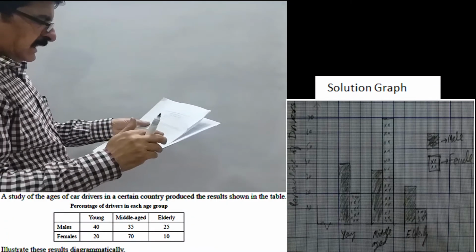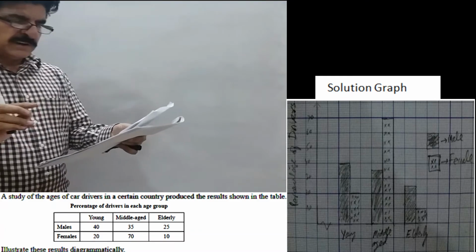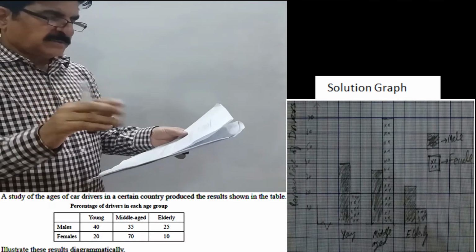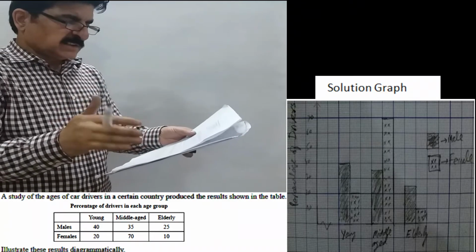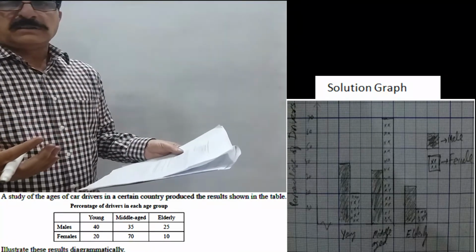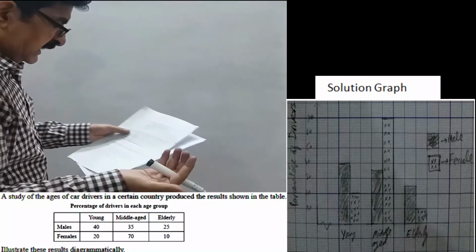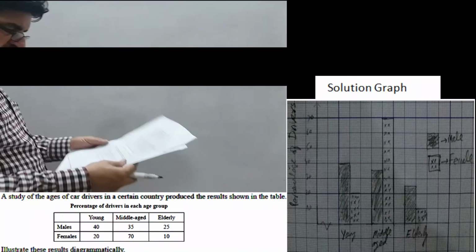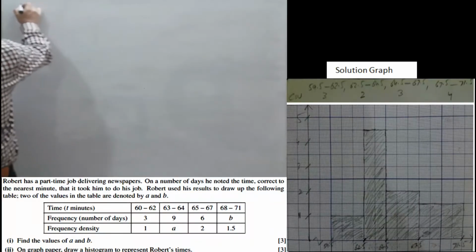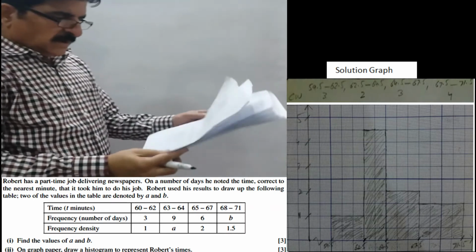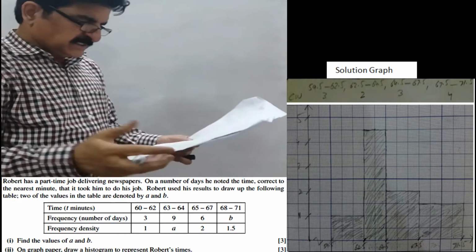The second way is to draw a pie chart, separately for males, and then another pie chart for females, by finding the angles. And you know how to find angles. So I am leaving question number 9. Then we have question number 10. Please read the question.